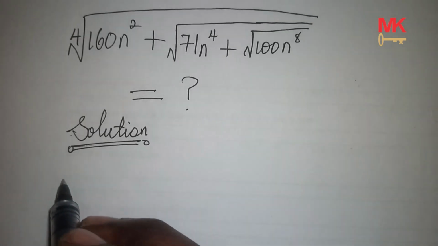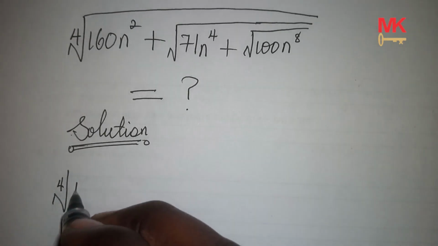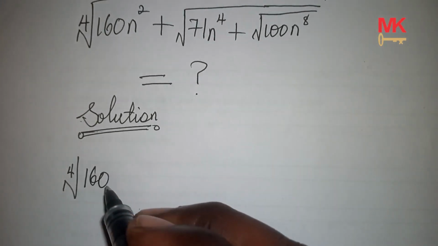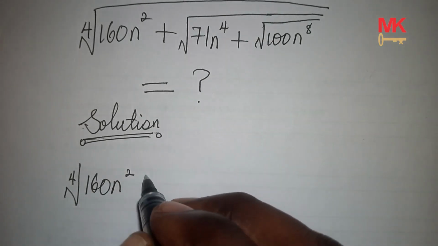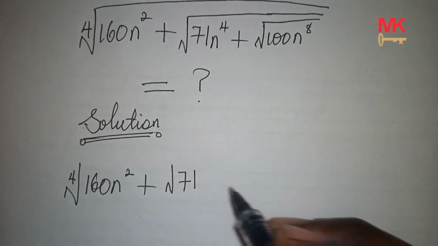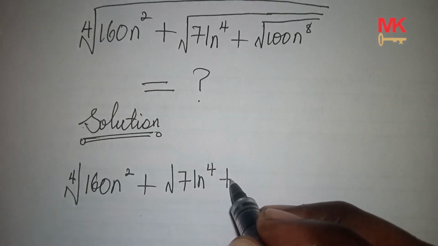So now let's start. So we have the fourth root of 160n raised to power 2 plus the square root of 71n raised to power 4 plus.